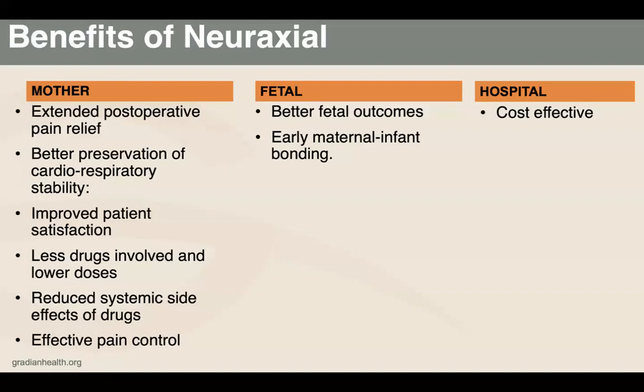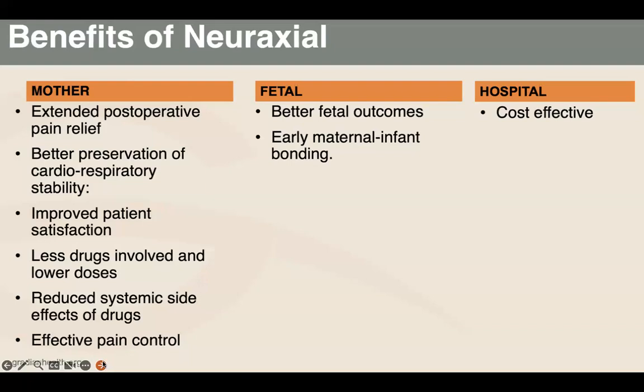So it provides an extra cover of pain. Meanwhile, if you use another modality such as general anesthesia, the moment you recover the patient, you have to think about long-lasting analgesia management.